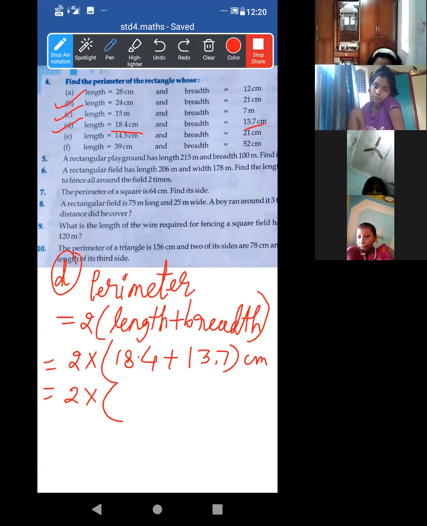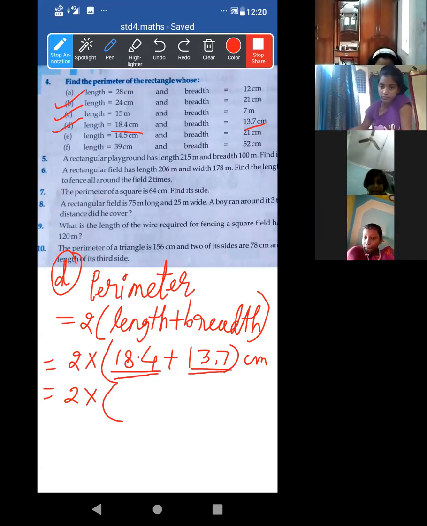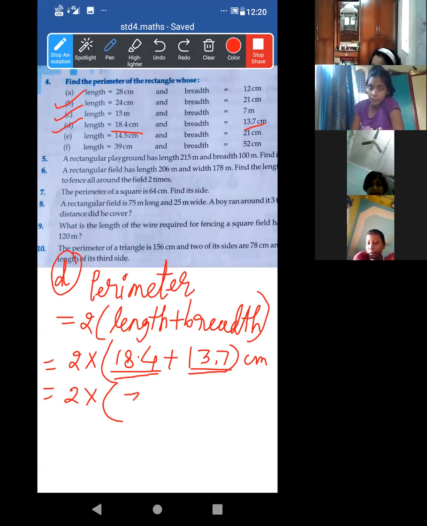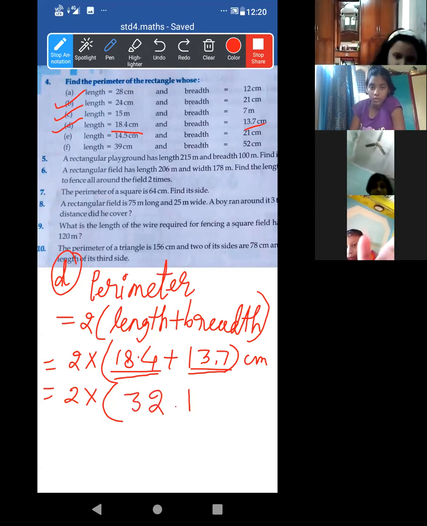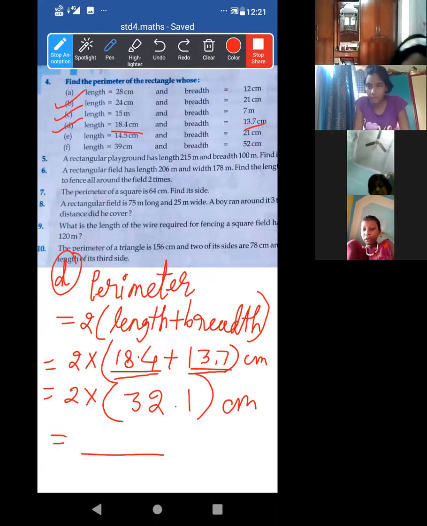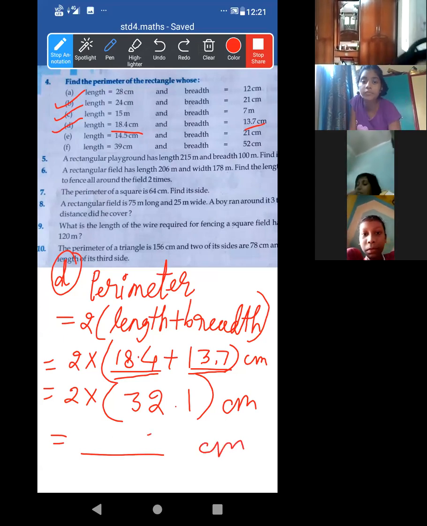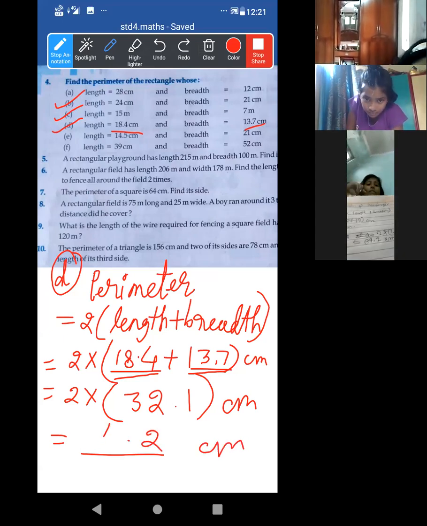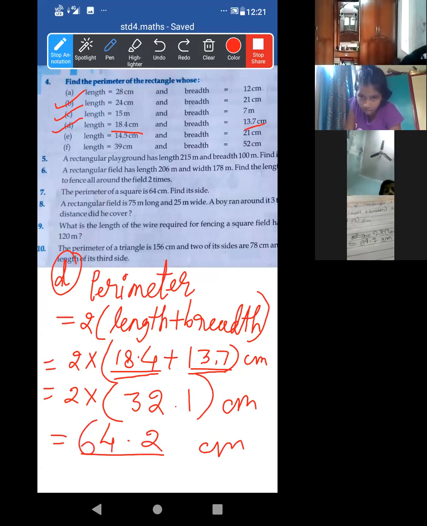Ishika, add them and say what will be the addition. 32.1, yes or no? Yes, Bonusri, now tell me what will be the actual answer. 2 1s are 2 point, then 2 2s are 4, 2 3s are 6. Yes or no? Good, very good.